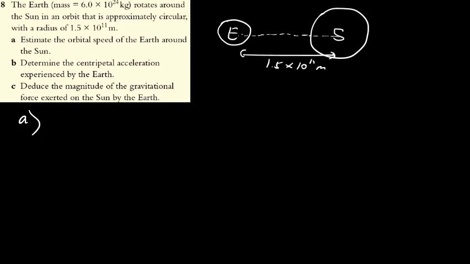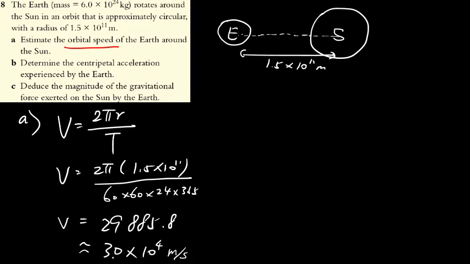Okay, next question is also very interesting as well. So firstly, you're going to draw this picture, Earth and the Sun with the radius over here. And for part A, it asks you the orbital speed. Orbital speed is just the linear speed, the same thing.